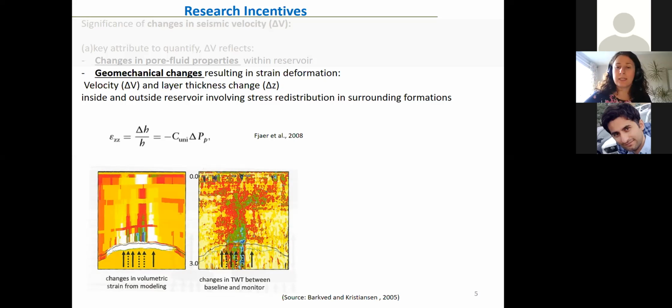And what was noted by these researchers is there is a correlation between changes in volumetric strain from geomechanical modeling to the observed two-way time differences between baseline and monitor. So I will go later on in this presentation into more detail of the links between changes in velocity and time shifts. But just appreciate at this stage this correlation between volumetric strain and changes in two-way time, which reflect changes in velocity.